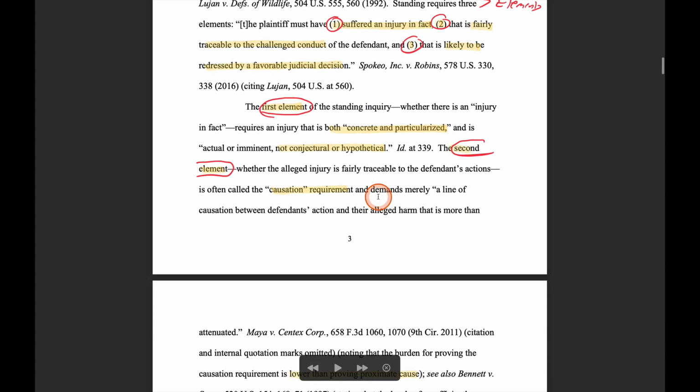So here the court says it has to be concrete and particularized, not conjectural or hypothetical. I'll say this, judges are all over the board about what these words mean. And so this gets very complicated. A lot of this is sort of in the eye of the beholder, which again is one reason why we always bring our claims in state court.